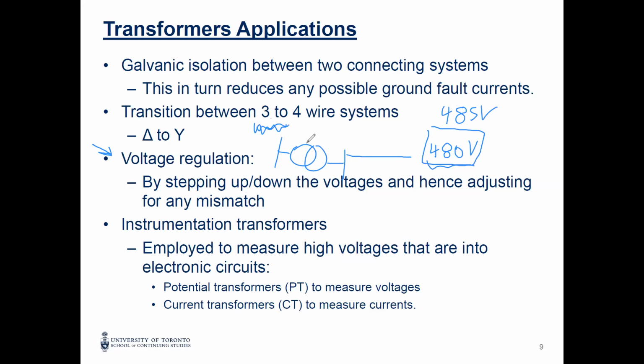So for this reason, we put one transformer, it's like 480 volt to 480 volt, but you have some taps here, then you can change. In case this voltage reaches 485, you can change the number of turns slightly to make it 480, to make your load see the 480.